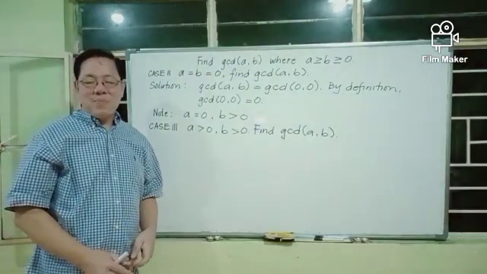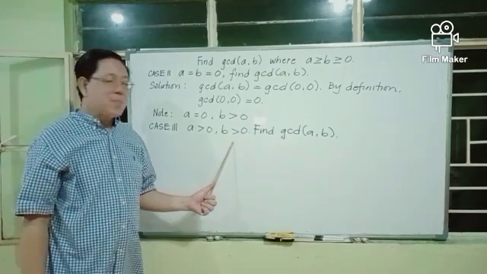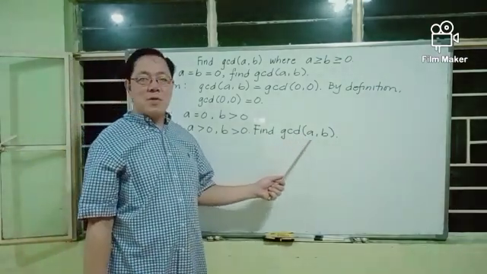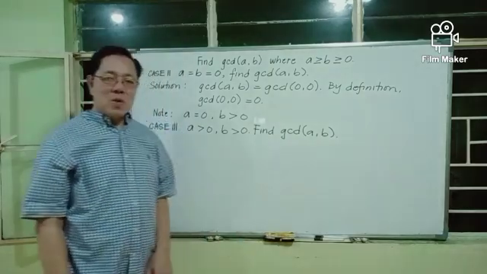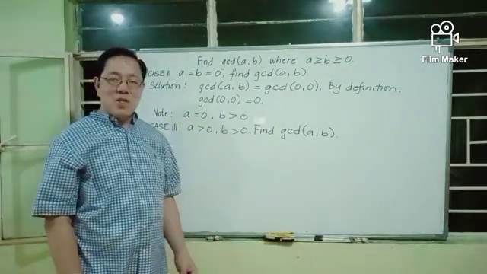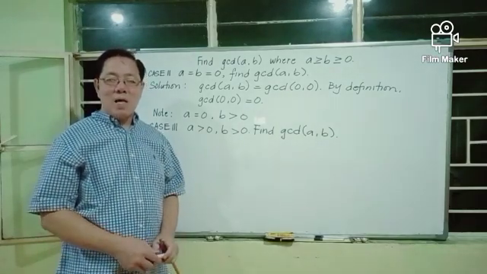For these values of A and B that are both positive and non-zero, we find the greatest common divisor of A and B. Suppose, by the division algorithm, we write A as B times Q plus a remainder.